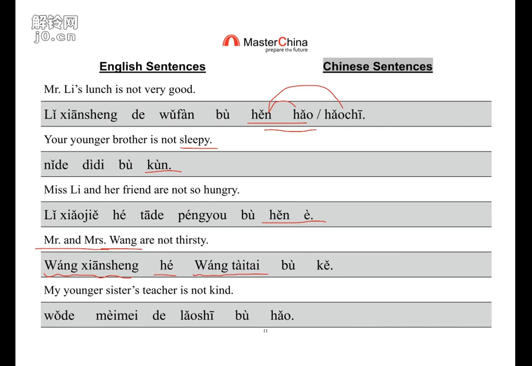Next one is 我的妹妹的老师不好. Not nice, not kind. Totally bad person. Right? So, not so kind is maybe sometimes, but not kind, totally bad.